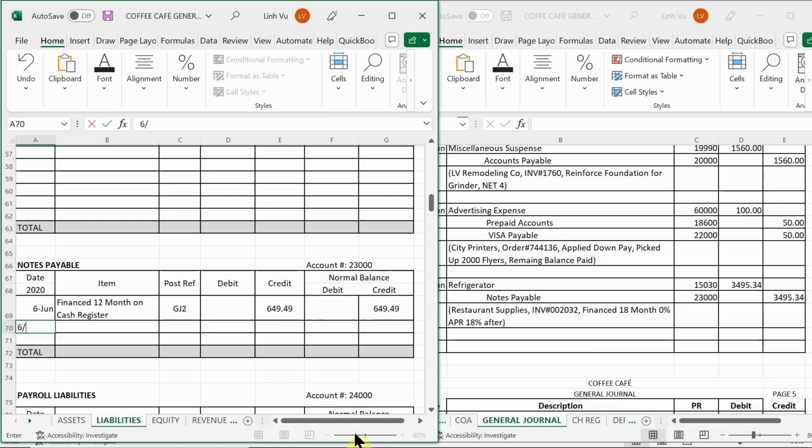Today is the 14th, right? What did you buy? Financed 18 months on a refrigerator.